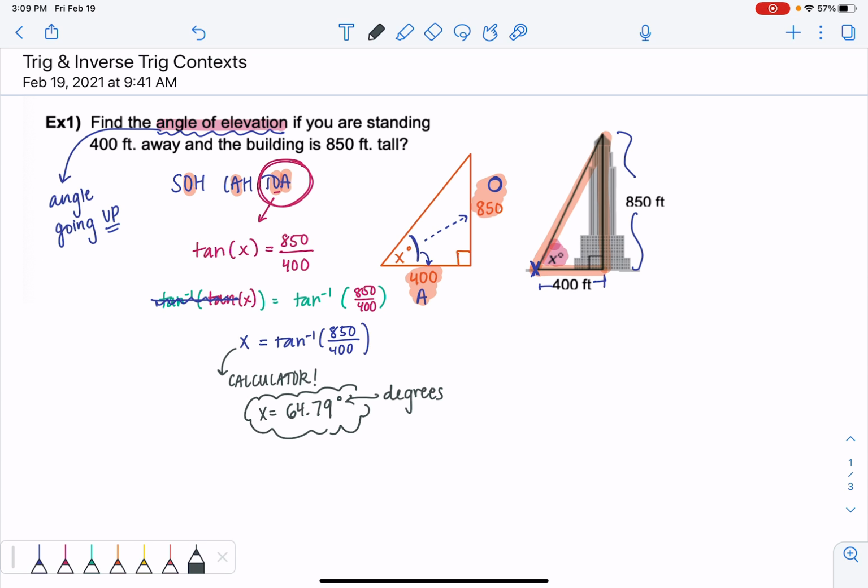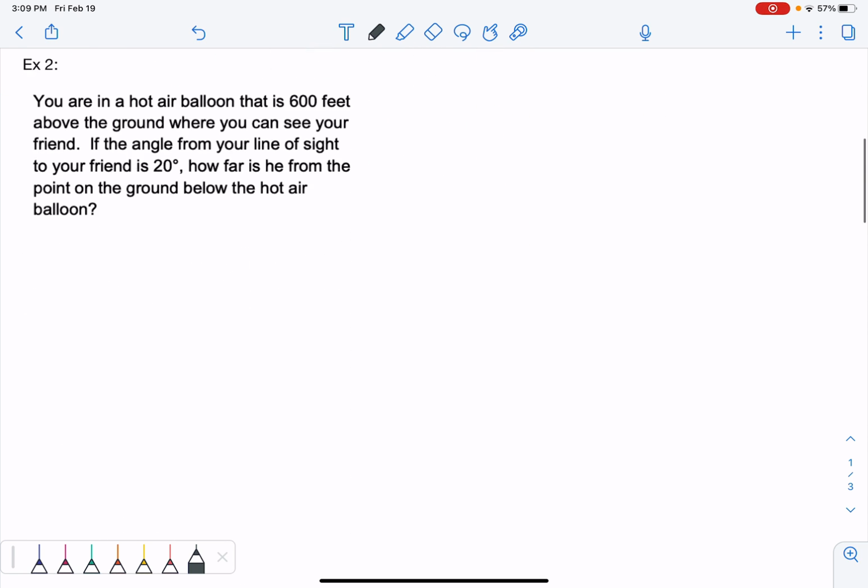Let's try another example. Here, there's no diagram, so we need to draw it. I encourage you to pause and try to draw this on your own, and then check your work with me. You are in a hot air balloon. If you don't know what that is, it looks like this.